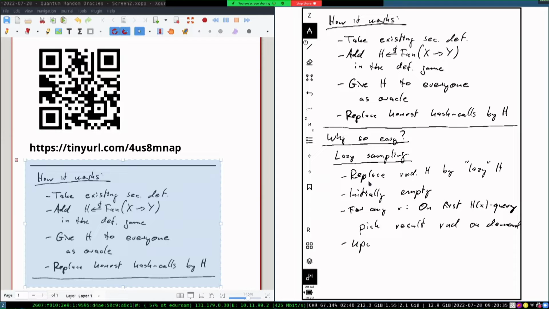And upon further queries, so we don't always answer randomly when we are queried, we use the cached result. And all this does is, instead of choosing all the answers in the beginning, it chooses them when you need them, and it's reasonably simple, at least on an intuitive level, to see that there is no difference.